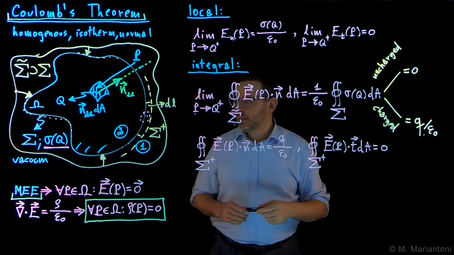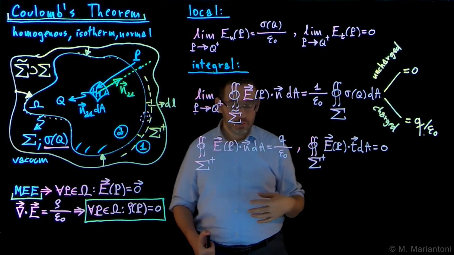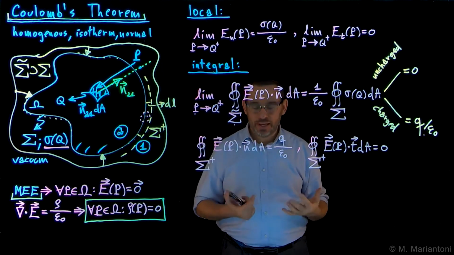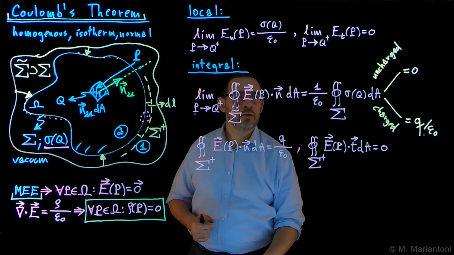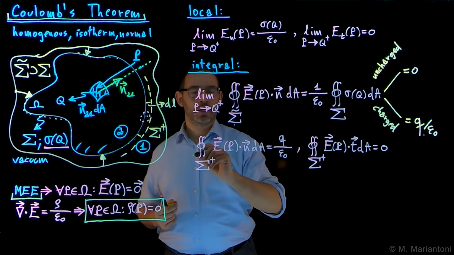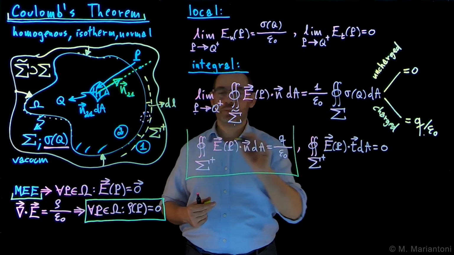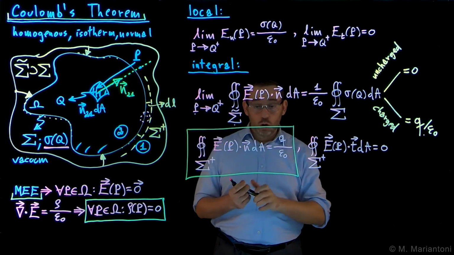Lastly, we know that E is a conservative field, so we can write it as the minus gradient of V. So if we use this definition, let us focus on this equation here only, because that's really the most important one. This you typically do not use in problems, whereas in problems we always use this one.